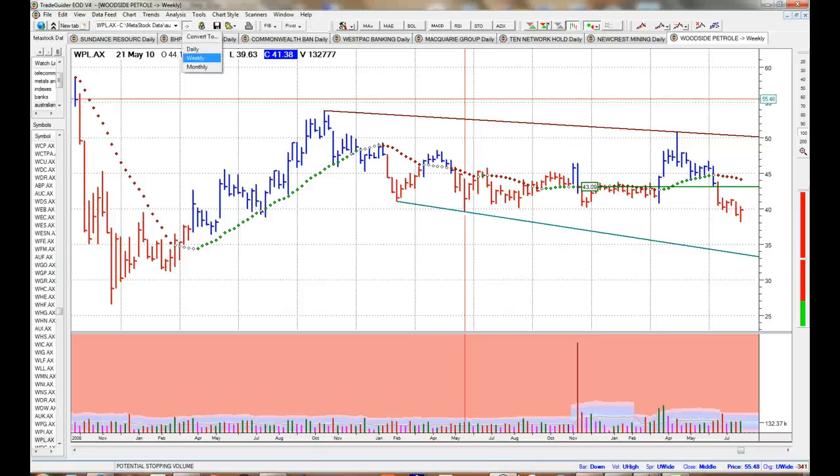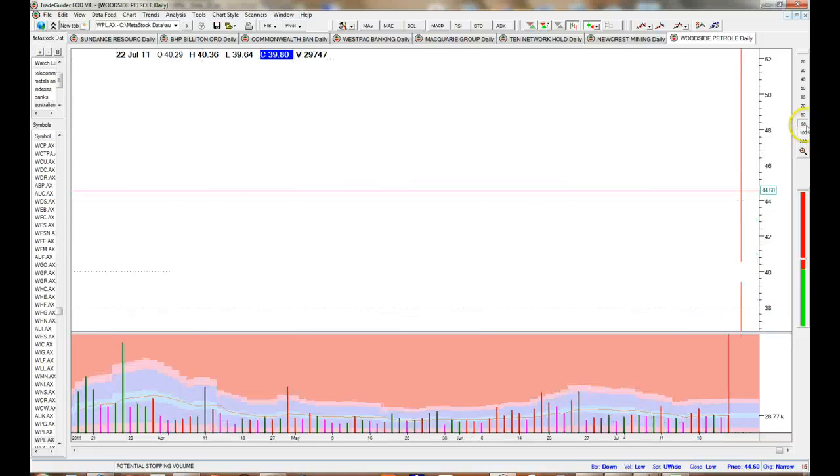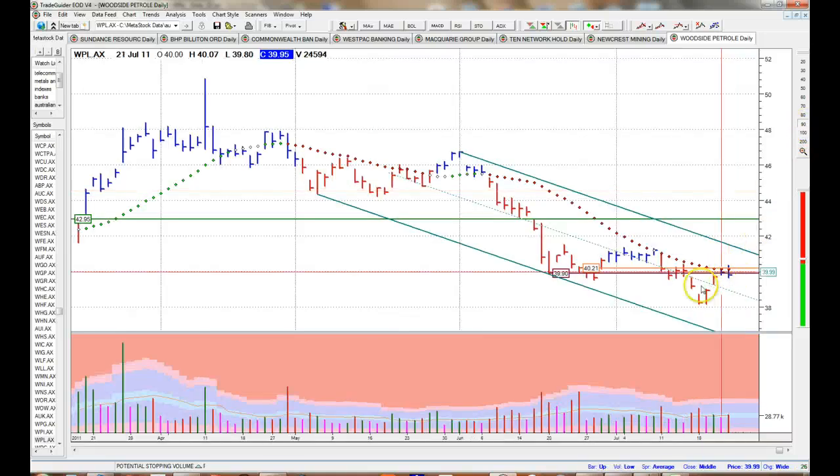I go back to the daily. It's trying to hold support there. Last couple of days, Thursday and Friday, very weak days. You've got a no demand, narrow spread bar, and I'll just get rid of all these lines.